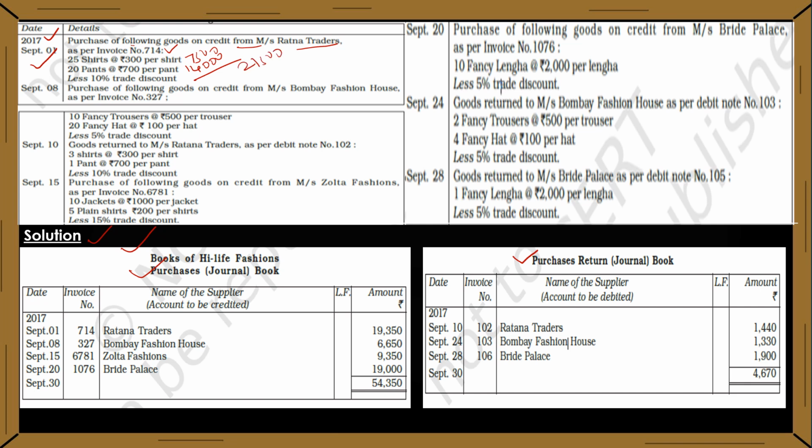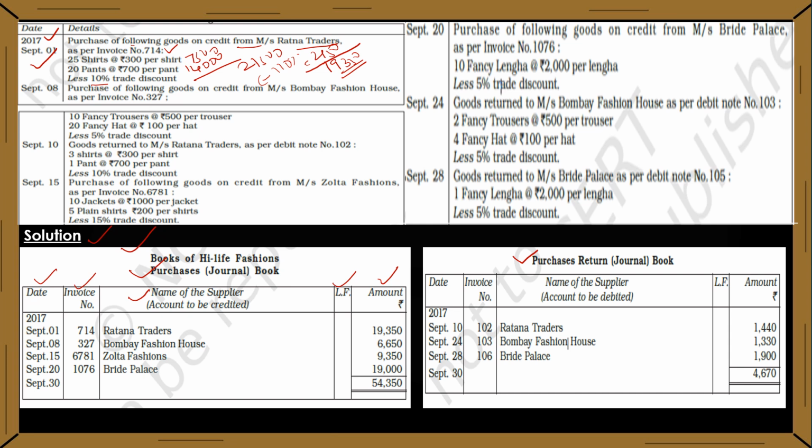21,500. On that we are giving a trade discount of 10%. Less 10% trade discount is 2150. On deducting 2150 from 21,500, we get 19,350. Okay, this is our purchases journal book. So the format is date, invoice number, that is the source document, invoice number of the supplier, name of the supplier, LF, amount.